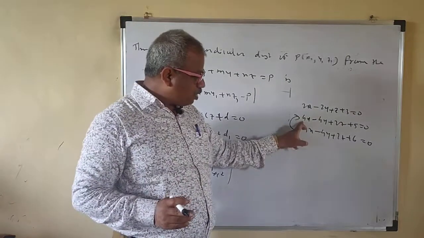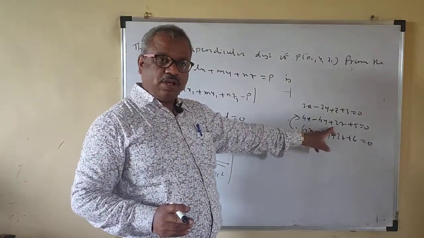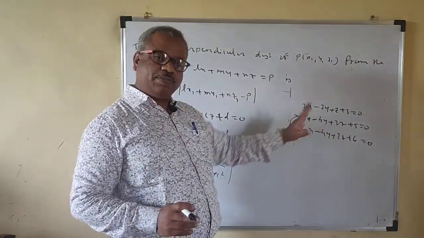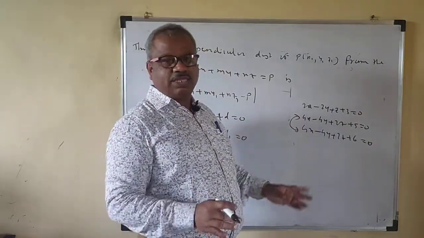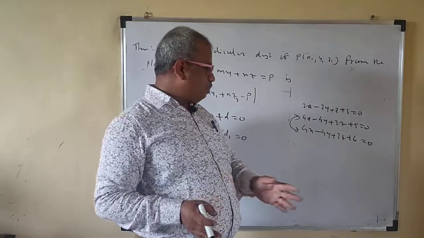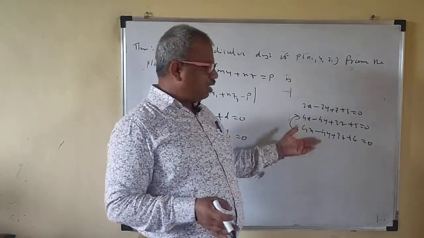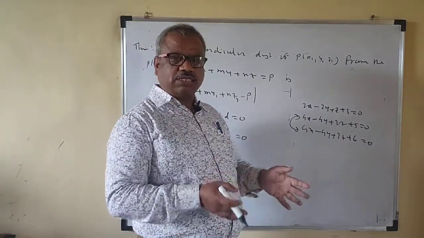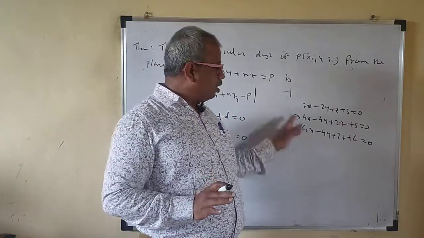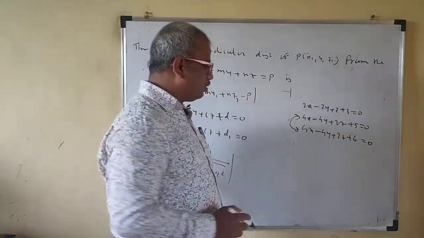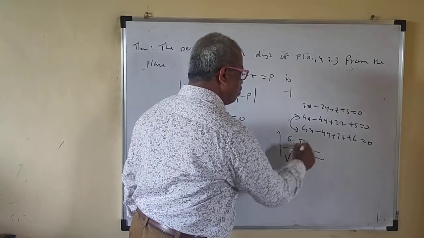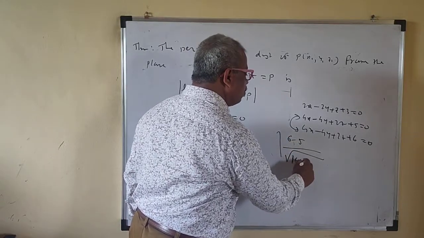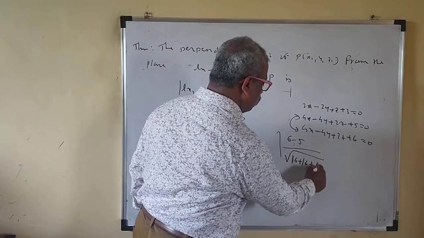The coefficients of x, y, z are not the same, but you can make them the same by multiplying by some constant or by dividing. Don't divide, because then 5 by 2 and 5 by 4 appear, and addition and subtraction become complicated. A better way is to multiply. So the distance is 6 minus 5 upon root of 4 square, that is 16 plus 16 plus 4.